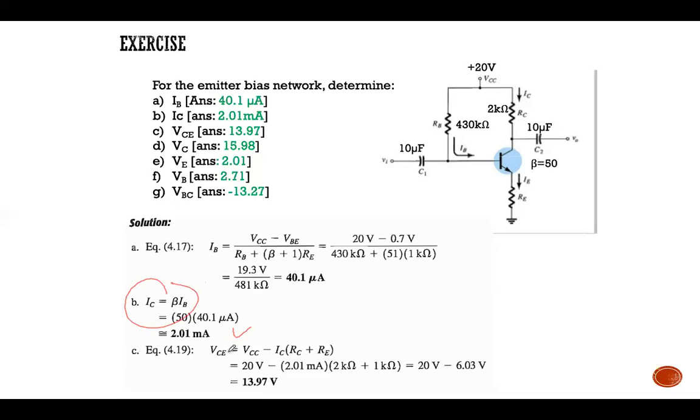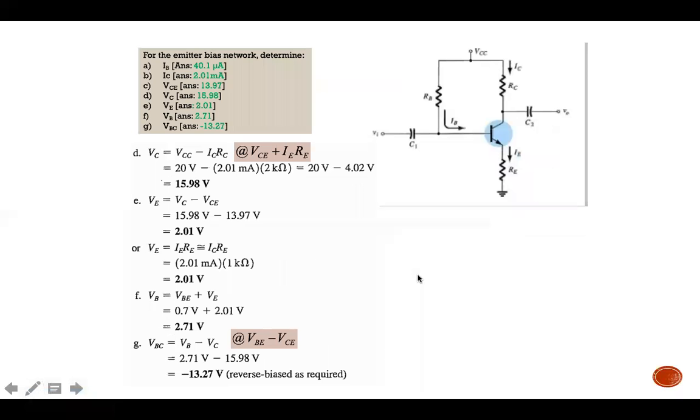For the next question, this is VCE. Also use KVL, and you should get 13.97 volt. For VC, remember this is the collector feed, so VC is from this point to ground.